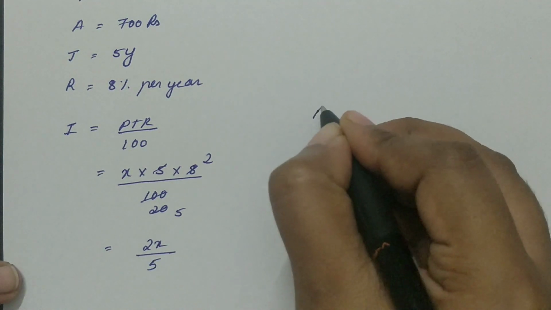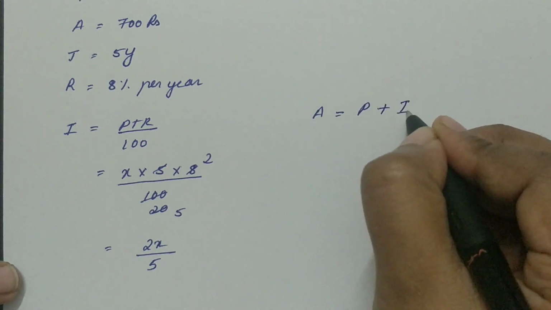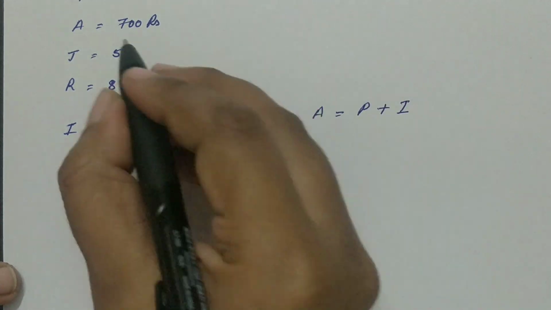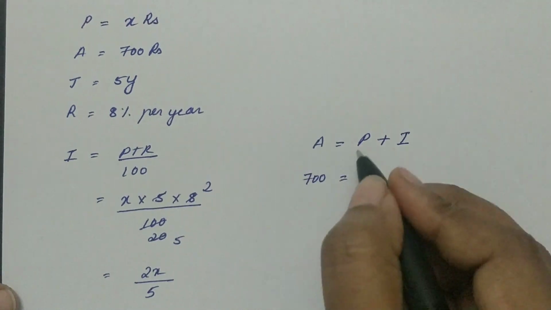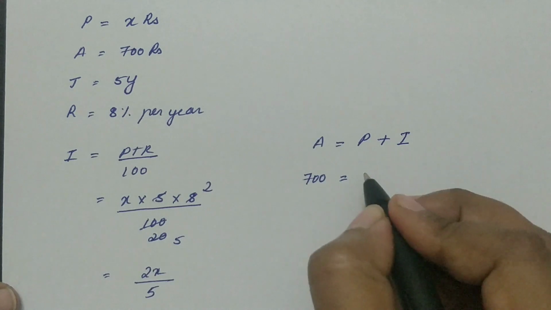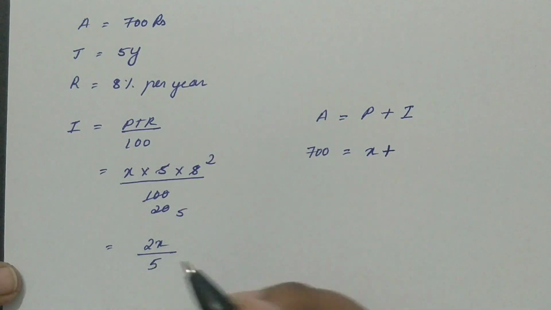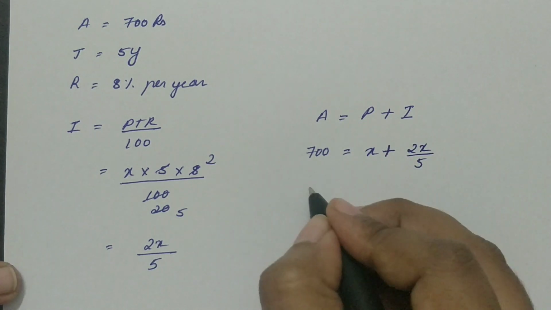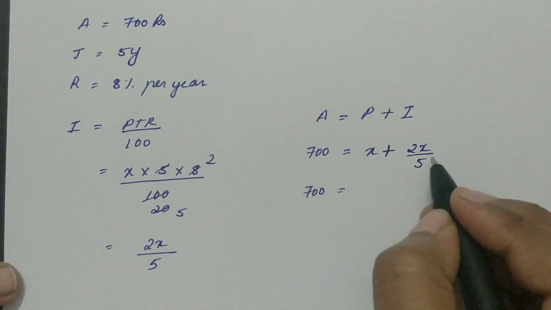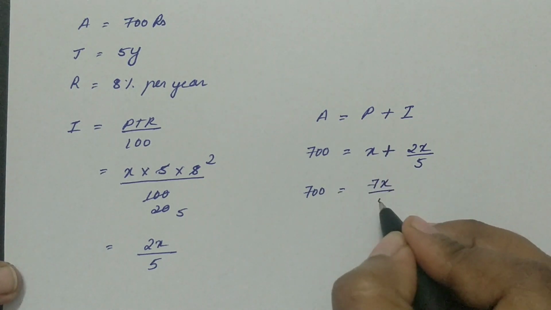We know amount equals principal plus interest. Given amount equals 700 rupees. Principal equals x plus interest equals 2x by 5. 700 equals 5x plus 2x, 7x by 5.